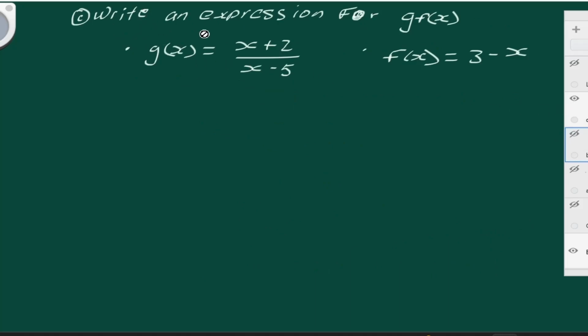Looking at question C, write an expression for g f of x.